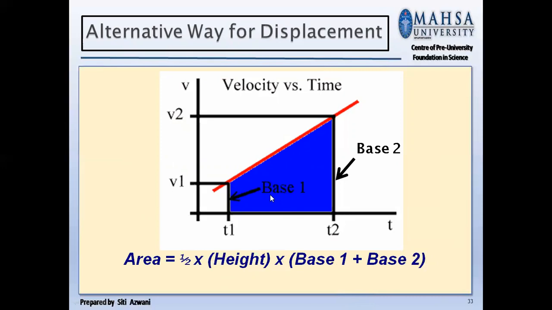You get the area under the graph, which is equal to the displacement when you have a velocity versus time graph. See, obtaining the information from the graph.